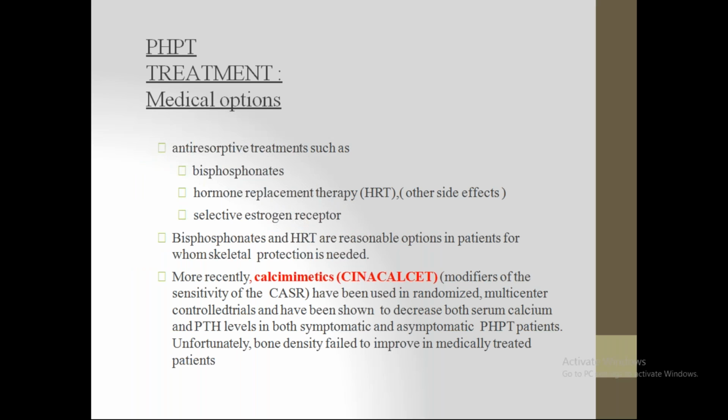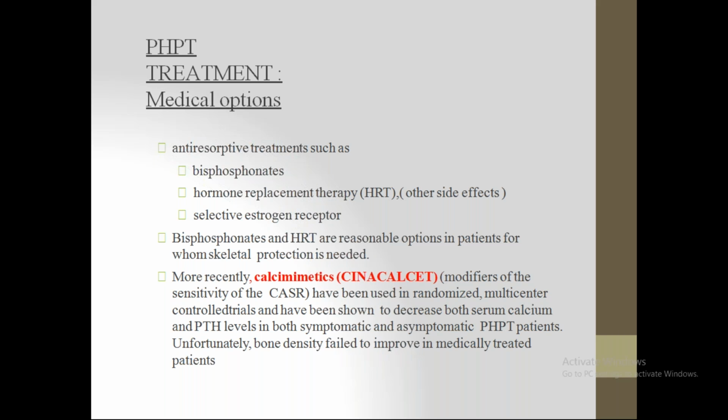What are the medical options present? One is anti-resorptive treatments like bisphosphonates, hormone replacement therapy, or selective estrogen receptor modulators. Bisphosphonates and replacement therapy are reasonable options in patients for whom skeletal protection is needed, like postmenopausal patients. Then more recently, there is a calcimimetic, that is cinacalcet.